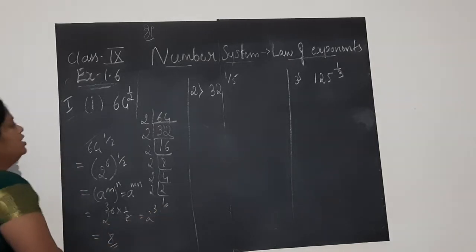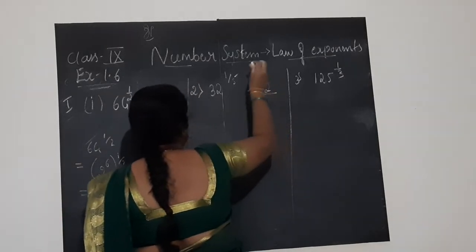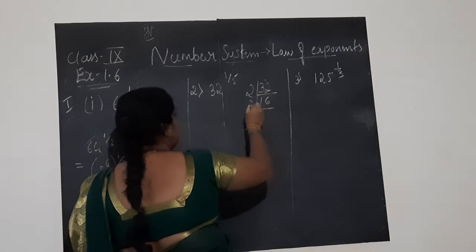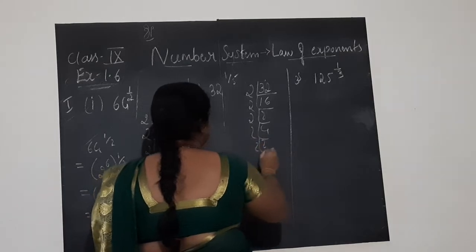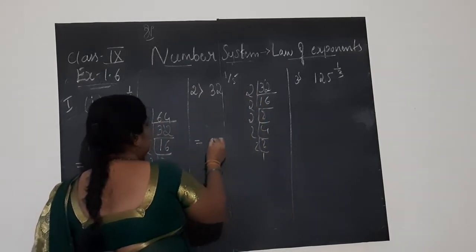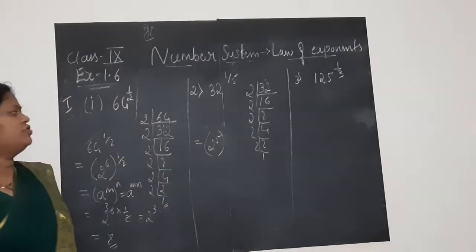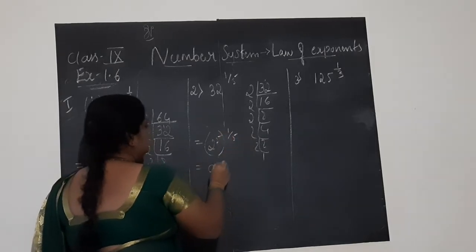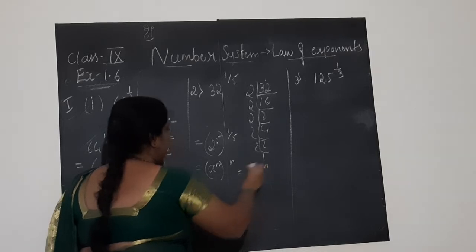That's it. Similarly, here we have 32 to the power 1 by 5. Let us go with the 2 table. 2 1s are 2, remainder 1, 2 6s are 12, 2 8s are 16, 2 4s are 8, 2 2s are 4, 2 1s are 2. 1, 2, 3, 4, 5. So now I will write 32 as 2 to the power 5. Replace 32 by 2 to the power 5, which we got by the LCM method, to the power 1 by 5 as it is. This is also (a power m) whole power n, which is equal to a to the power mn.